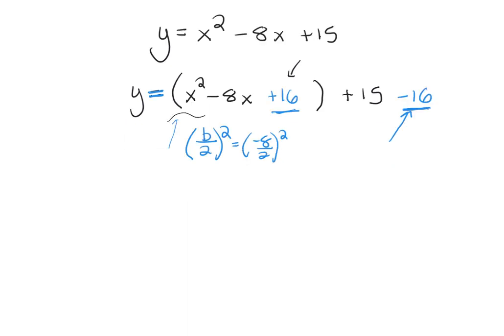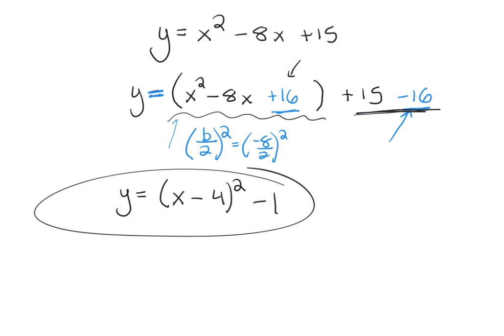Now I've created this perfect square trinomial so I can factor it. So it goes to x minus 4 squared, and 15 minus 16 is minus 1. There we go, it's in vertex form, which means the vertex of the original parabola is at 4, negative 1.